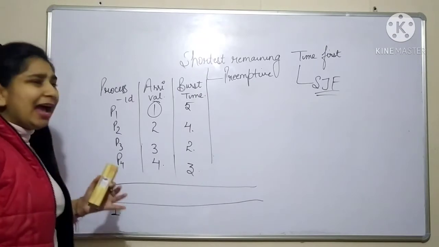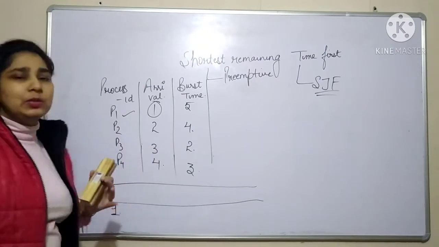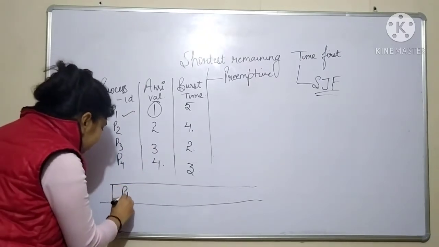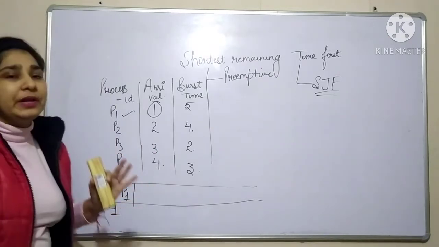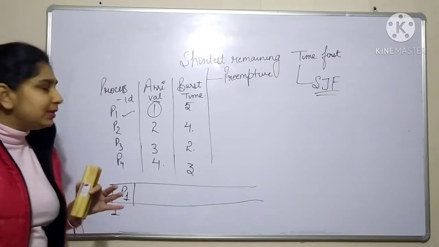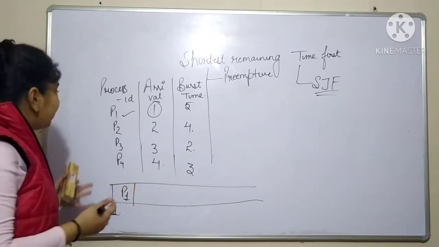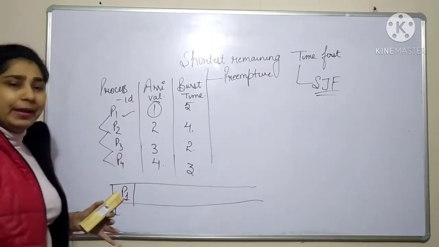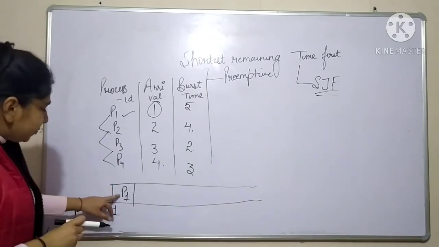You just have one process in the main memory, so you just give process 1 to the CPU. It is a preemptive algorithm, and I will tell you how this algorithm is going to work and how we are going to switch the CPU between processes. So I allocated the CPU to process 1.